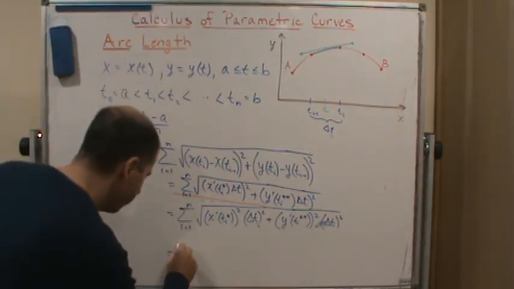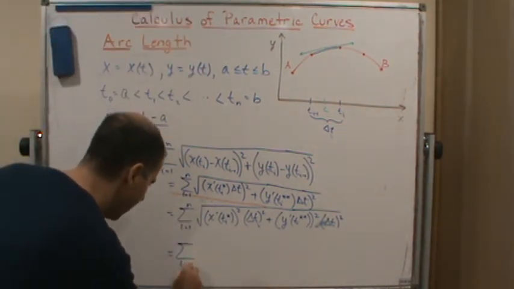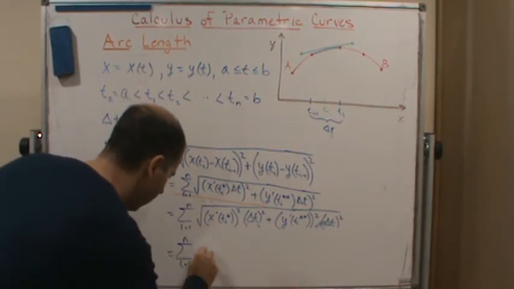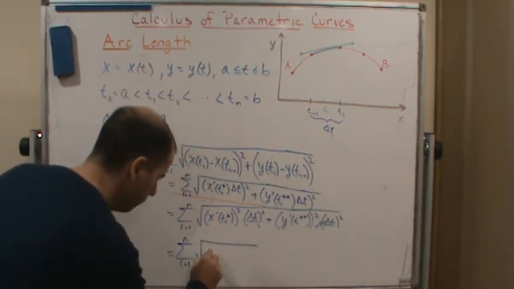We get the sum as i equals 1 to n of the square root. And what do we get?